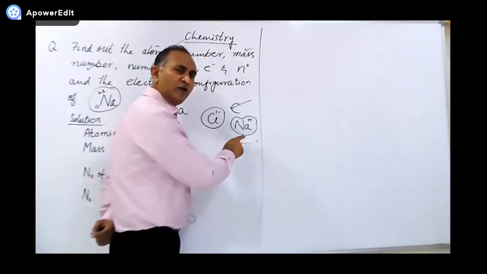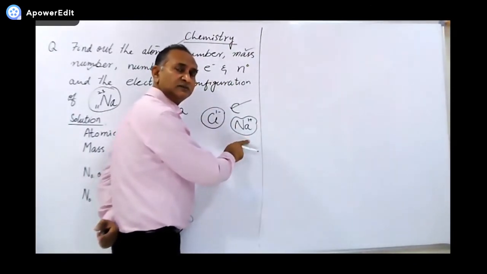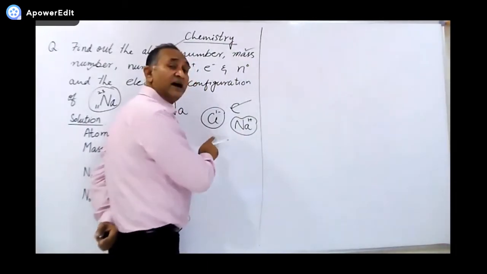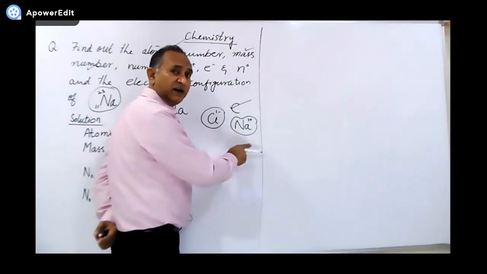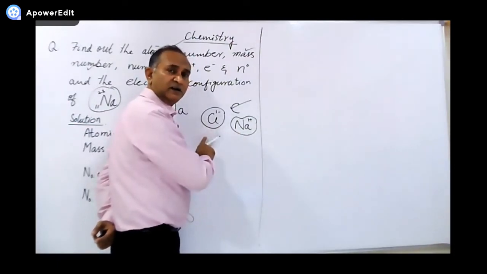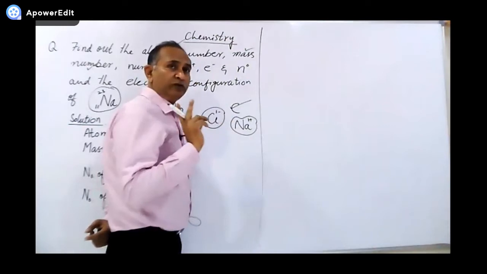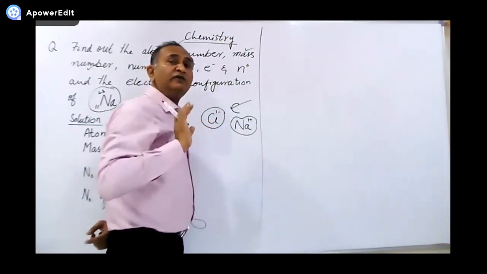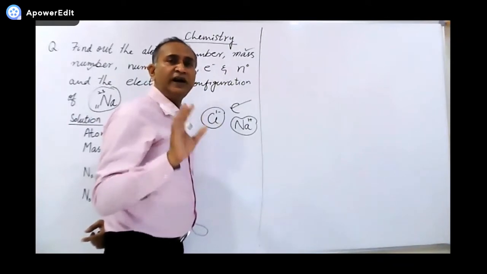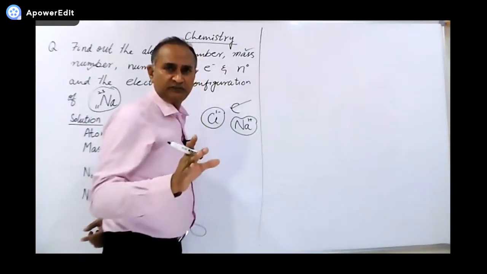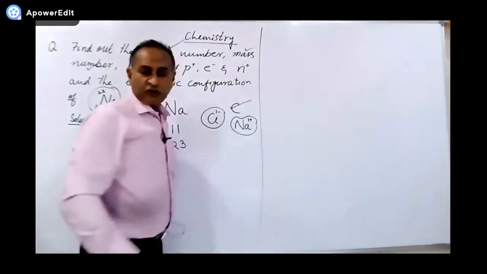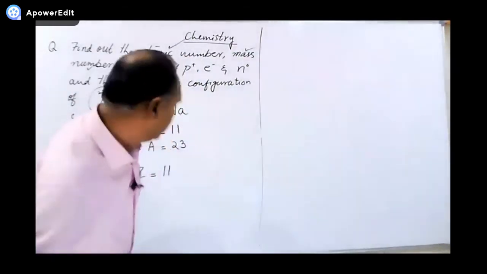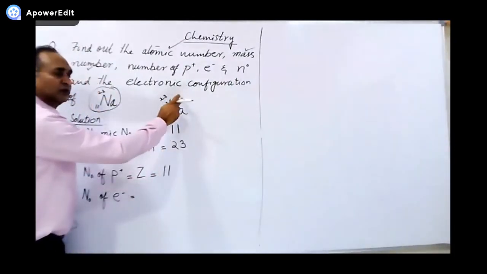Let me ask, what do you call a positively charged ion? Cation. And what do you call a negatively charged ion? Anion. Cation, anion. So what is the point that we are discussing over here? That if there isn't any charge on an atom, it is neutral. Here we don't see any charge. No charge. It is neutral.